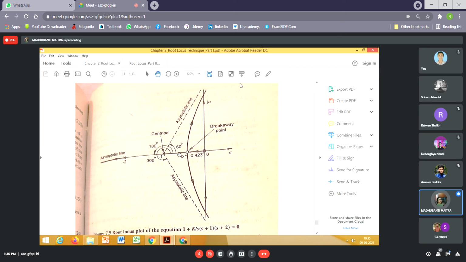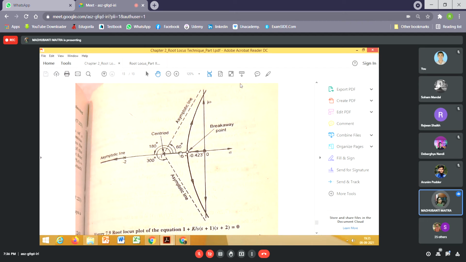So this is one on-locus segment, this is the on-locus segment, clear? One root branch will originate from this and will move in this particular direction. The second root branch can't move in this direction as this segment is not an on-locus segment. So this root branch will have to move in this particular direction.